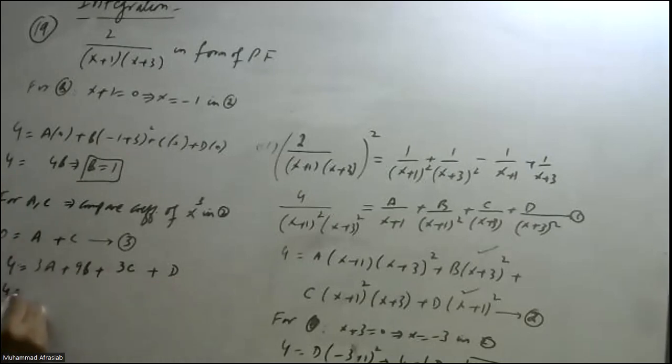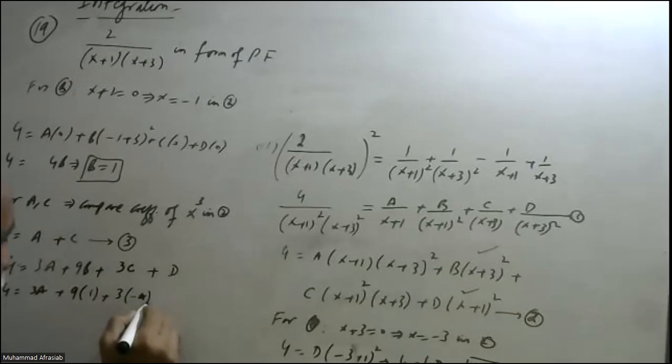So 4 is equal to 3a plus 9, b value is equal to 1 plus 3, c value is equal to minus a plus d value is equal to 1.